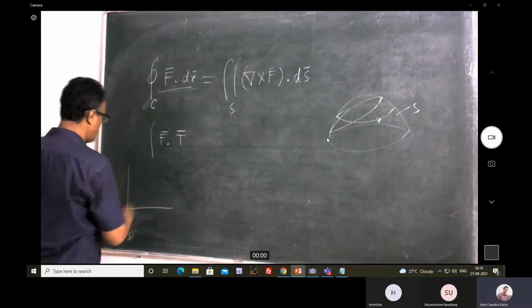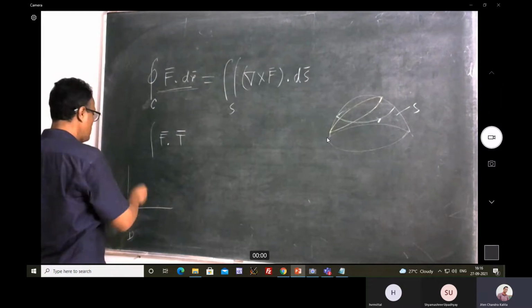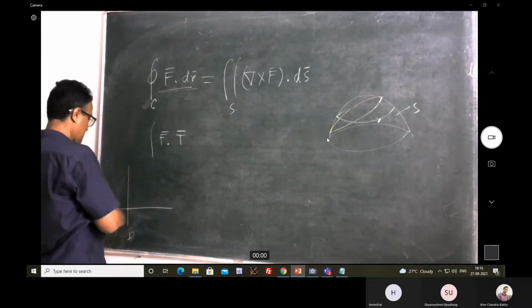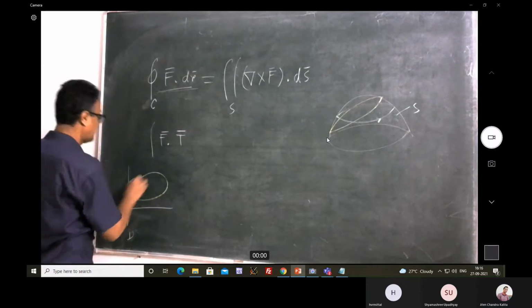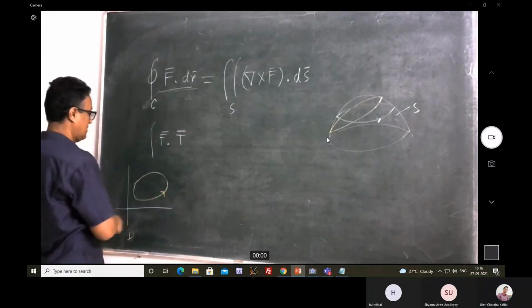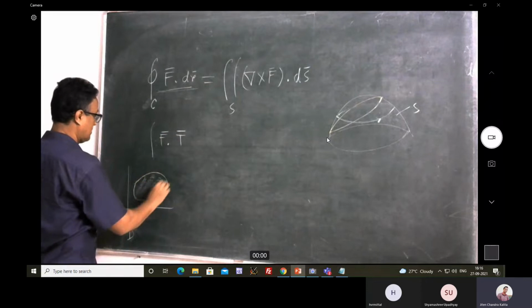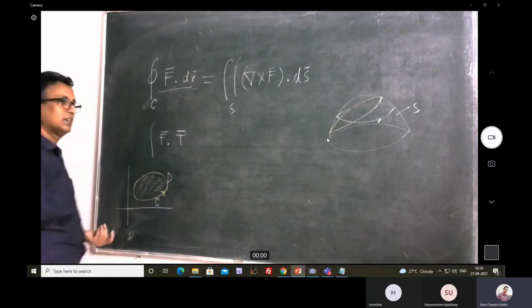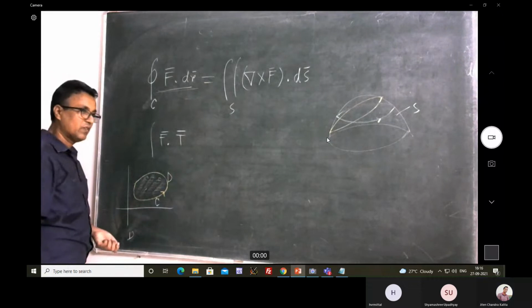See what we were doing. We were considering what? You have forgotten. Region D bounded by a curve C, right?